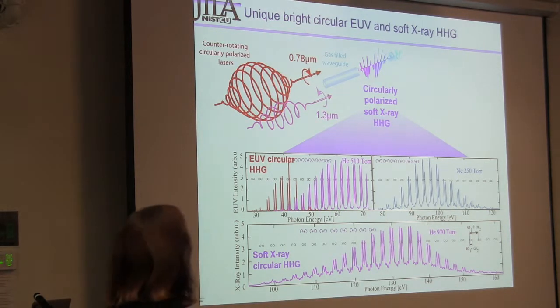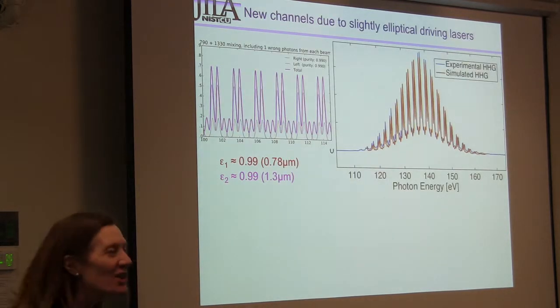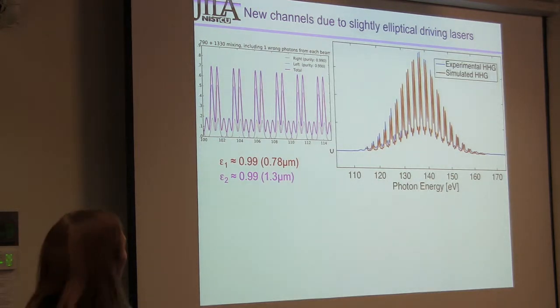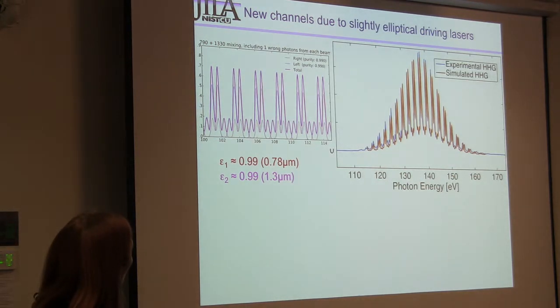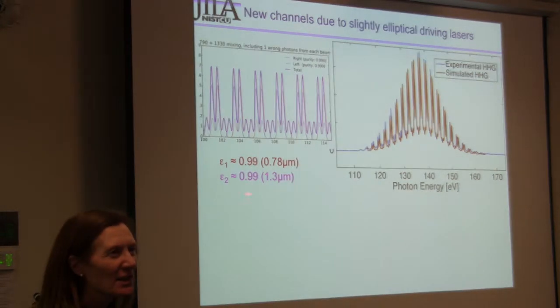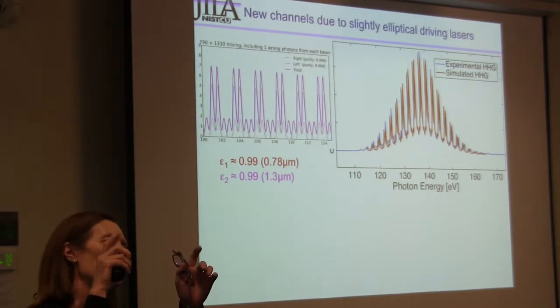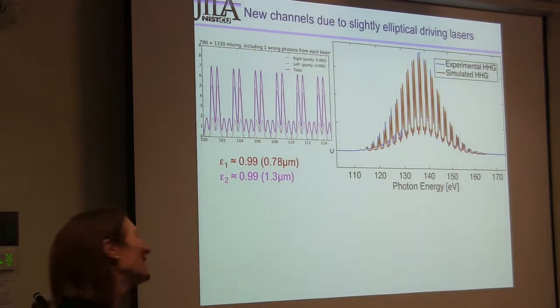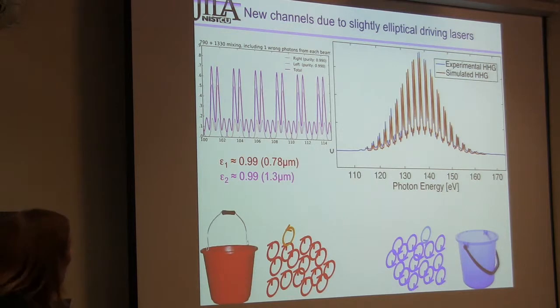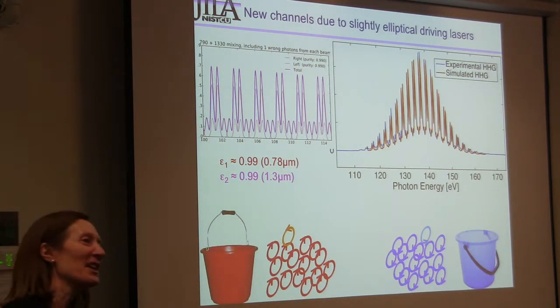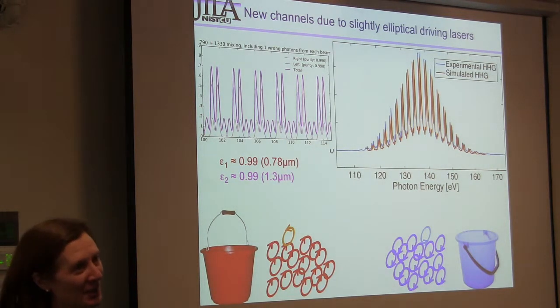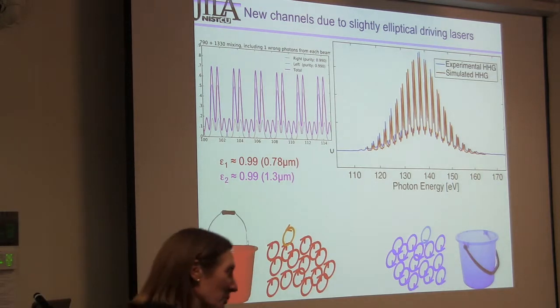Okay. We realized it's hard to get good optics in the mid-infrared, and all that was happening was that our ellipticity was not quite perfect. In our terminology, we started talking about buckets. You can only take one more photon from one bucket than the other, and then what happens if you've got an imperfect wave plate?